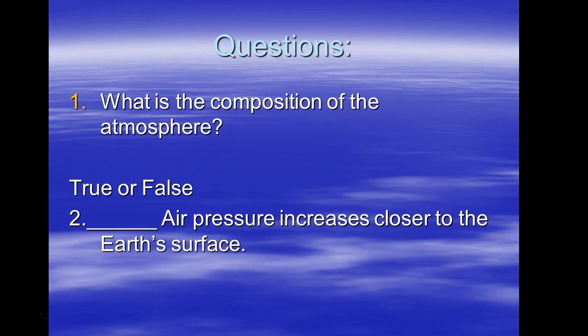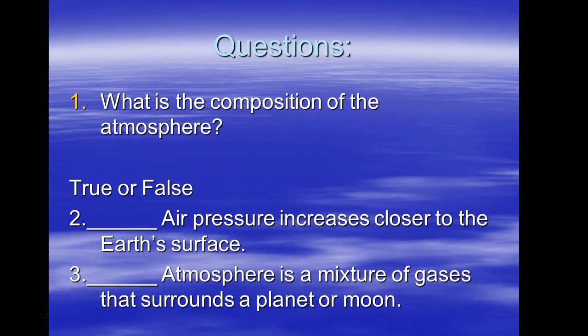So generally as we get closer to Earth's surface, is air pressure increasing? True or false? And number 3: the atmosphere is a mixture of gases that surrounds a planet or a moon. True or false? Okay. Go ahead, if you haven't answered those already, do that now, and you can pause the video. I'm going to continue on.